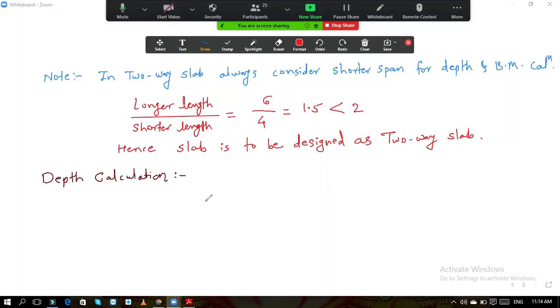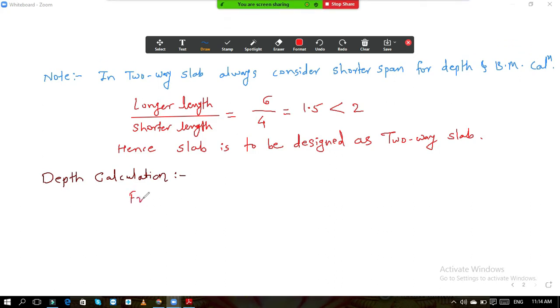So now depth calculation. Okay, from clause number 24.1, page 39.